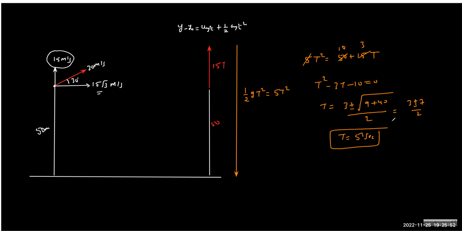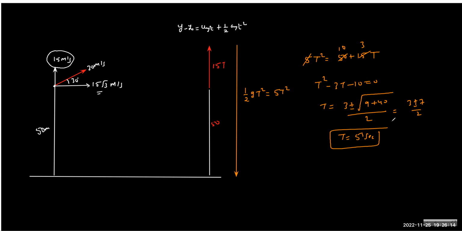For the second part of the question, we have to resolve everything in the x direction. Yeah, for range, you have to use the x only. The x component is known to you, it's 15 root 3, right? And time is known to you, 5 seconds.